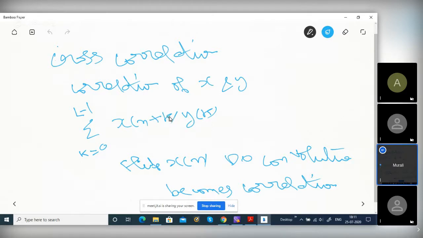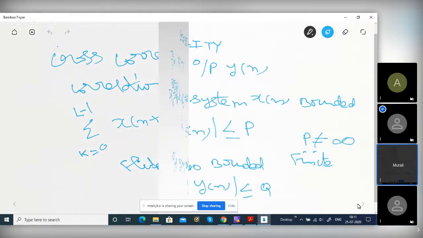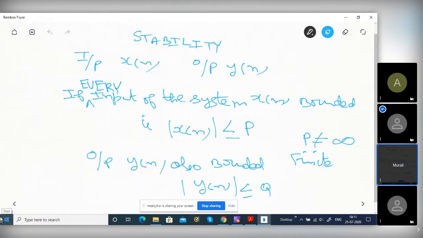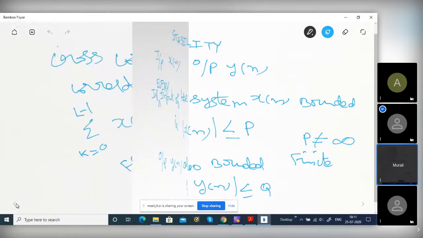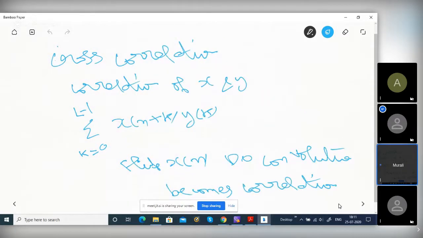So if you flip it and do a convolution, it is correlation. Is it clear? Yes, sir.